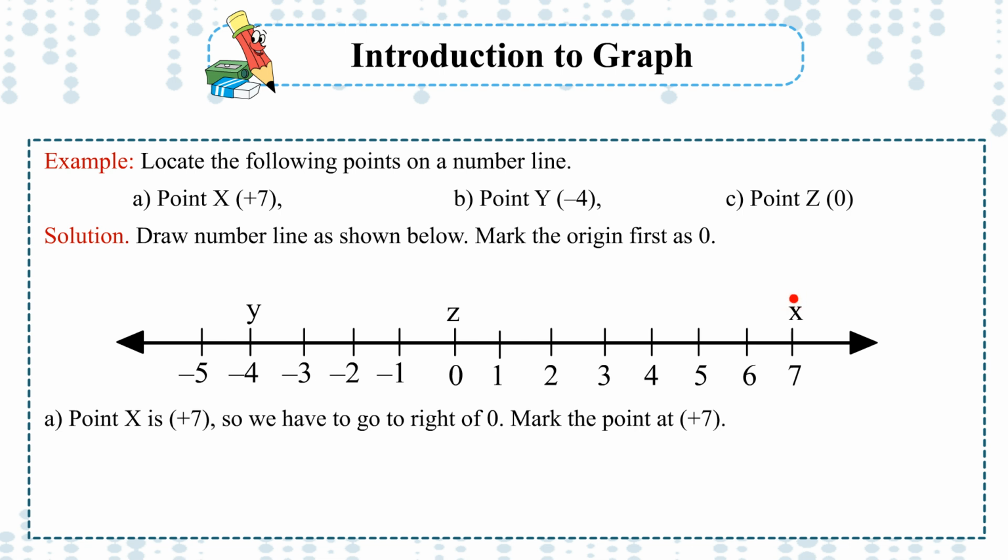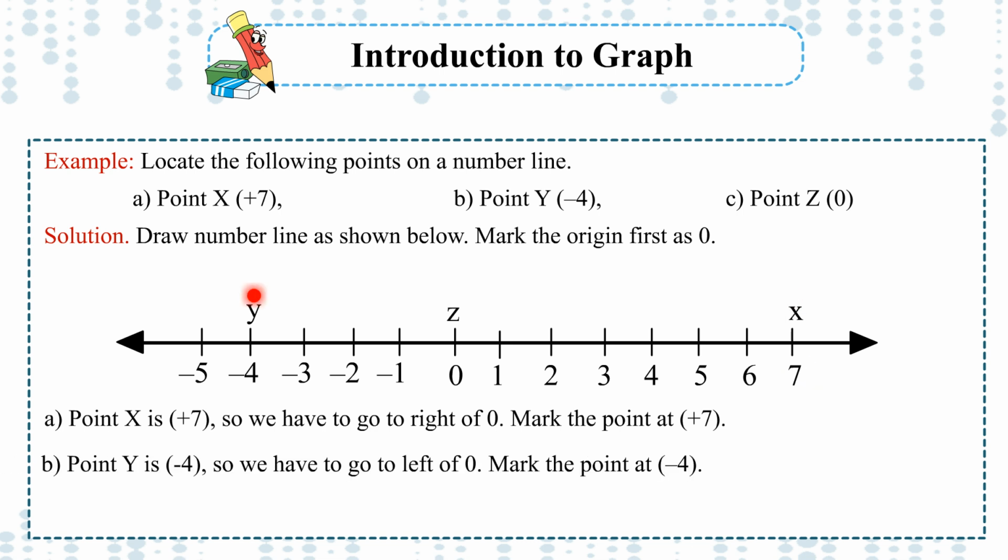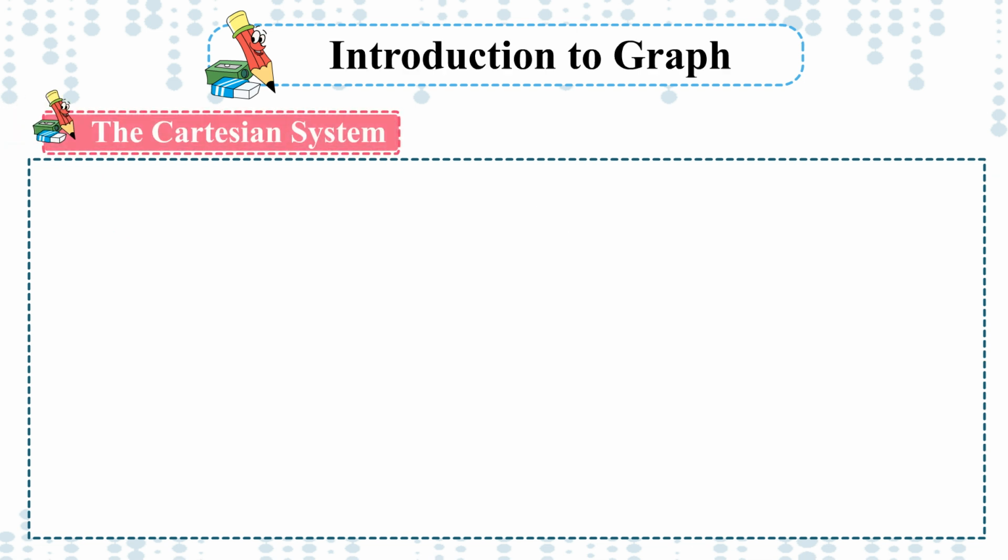A. Point X is +7, so we have to go to right of 0. Mark the point at +7. B. Point Y is -4, so we have to go to left of 0. Mark the point at -4. C. 0 is already marked. Name it as Z.